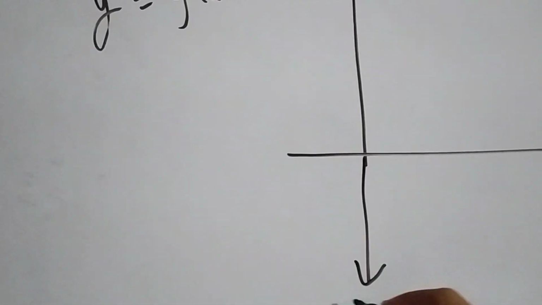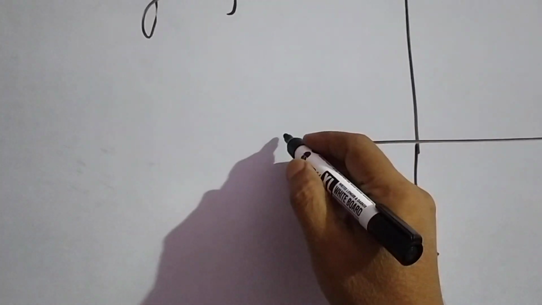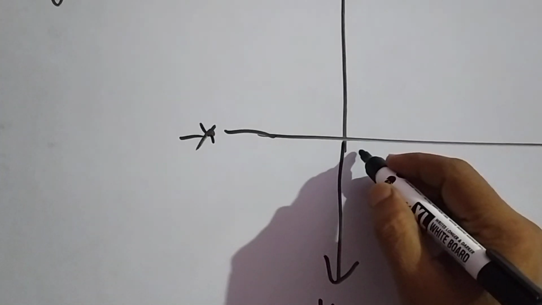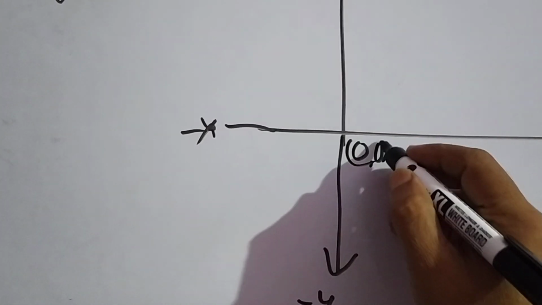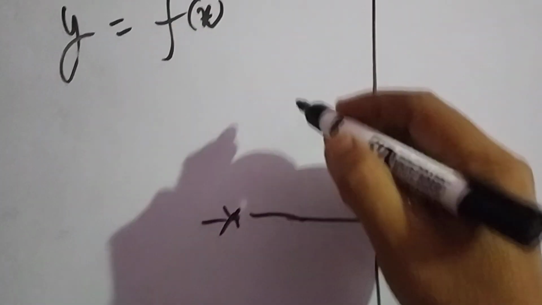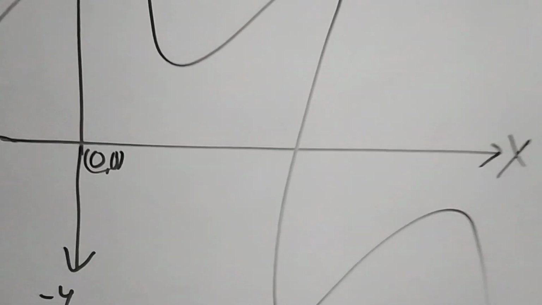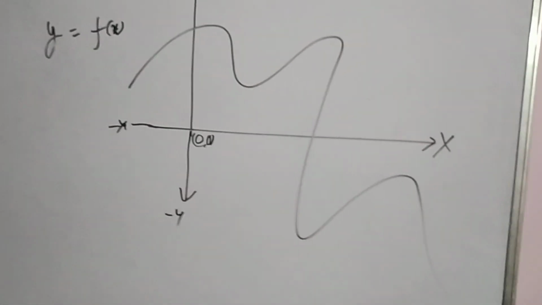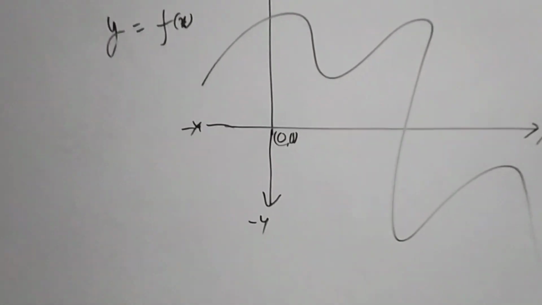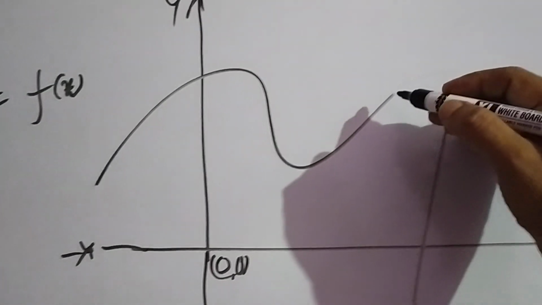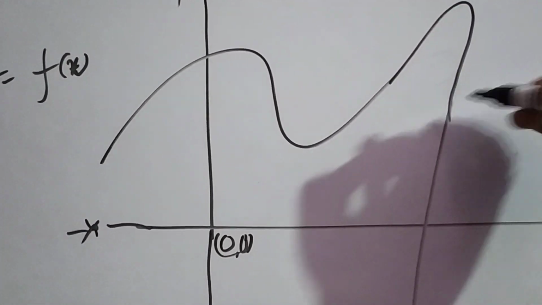Similarly, this is origin 0, 0. Suppose there is a curve, any curve. Randomly you can draw it.